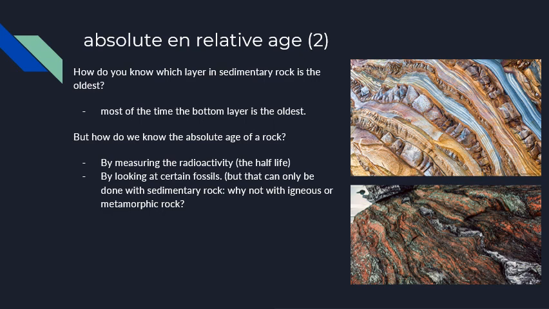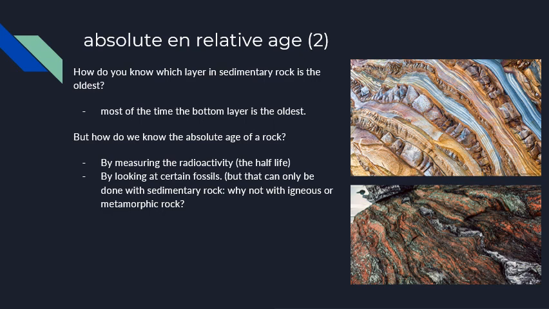At that moment you might have to think about the way this range has formed. But you can't say anything about how old it is. In that case you need the absolute age. And in that case you have to measure the radioactivity, the half-life of the rock.